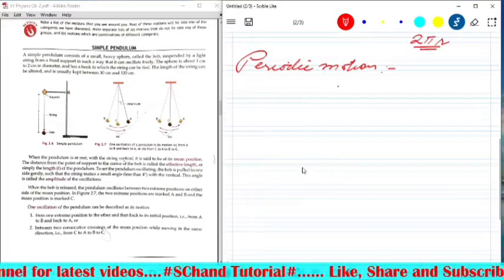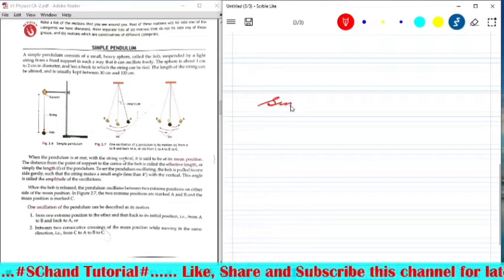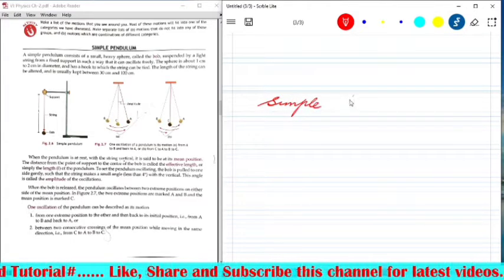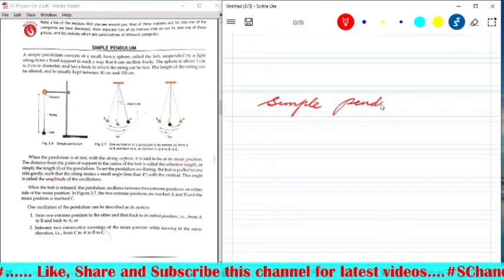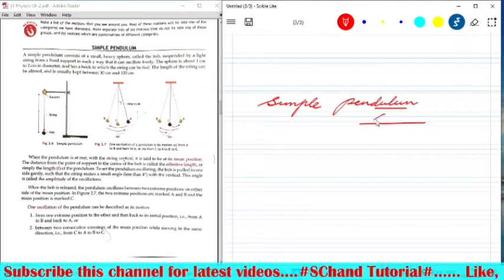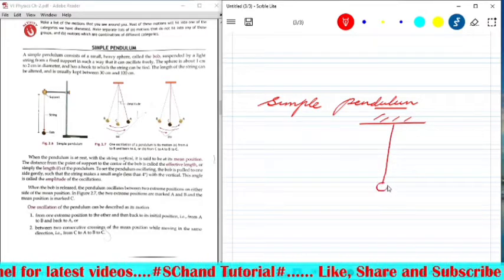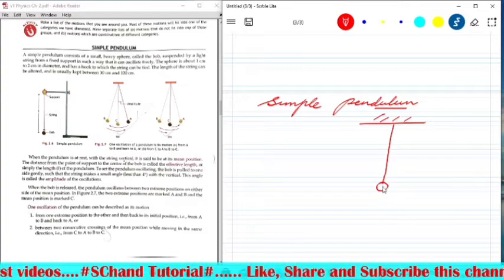Then we have the simple pendulum. As I have told you already, it has a fixed pole and a string with a metallic bob.